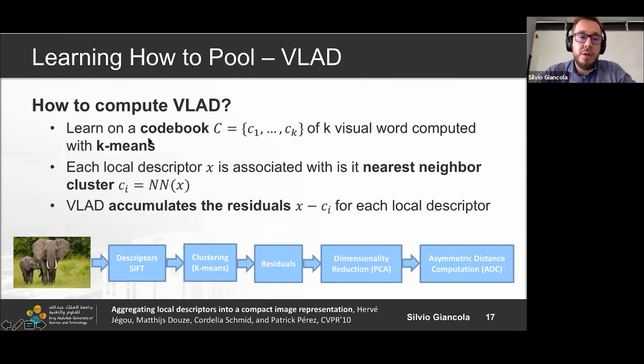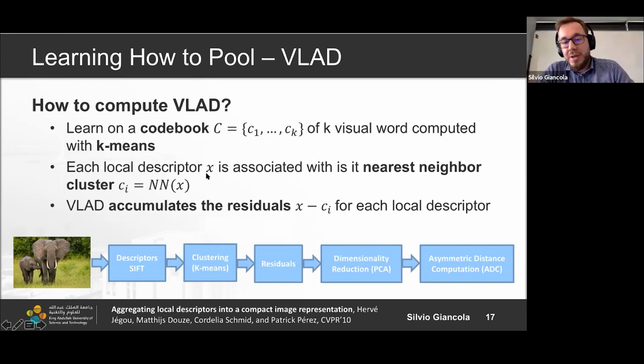So VLAD, rather than taking just the maximum value or the average value, will learn a codebook of K visual words computed with K-means. Rather than just taking the average, you actually cluster, taking the whole data set you have available. It will learn those K clusters that are visual words that describe a vocabulary of those features.